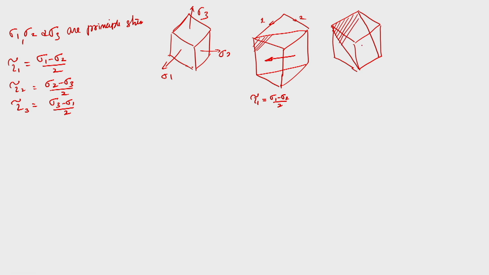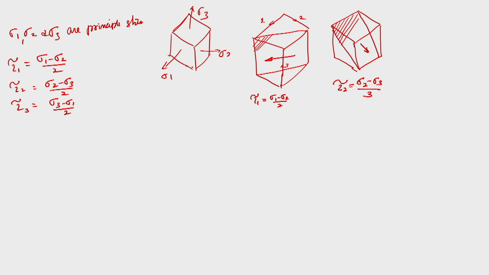And the direction will be along this, it can be this way or the reverse. Okay. So, this is your tau 2, the maximum shear stress in this particular plane. So, that is given by sigma 2 minus sigma 3 by 2, and you will find that it is inclined at 45 degrees to sigma 2 and sigma 3, along the 2 and the 3 direction.